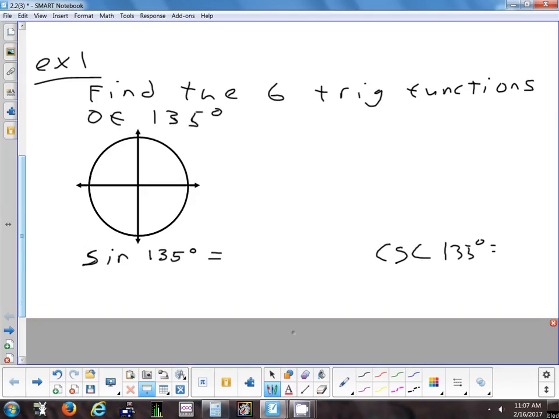All right, so first thing we want to figure out is roughly where 135 is. So that's 0, 90, 180, 270. What quadrant is 135 in? Yeah, it's in quadrant 2, upper left.